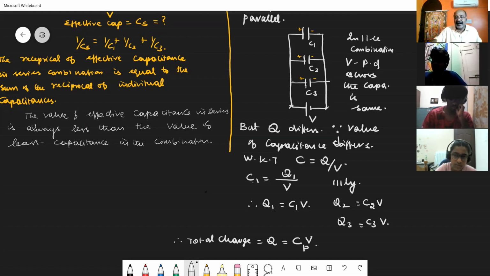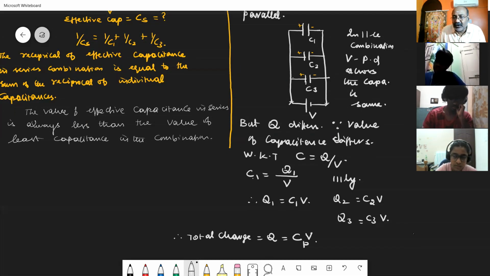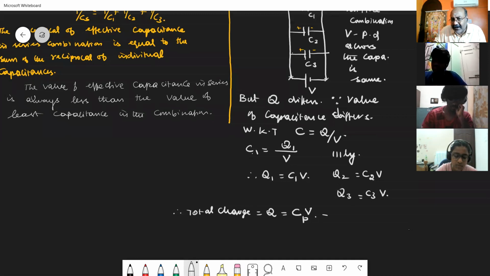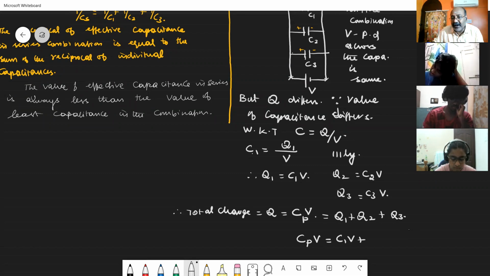So the total charge is Q equal to Cp into V. This total charge Q can be written as the sum of the individual charges, Q1 plus Q2 plus Q3. So instead of Q, I can write CpV, which is equal to Q1, where Q1 is C1V, Q2 is C2V, Q3 is C3V.